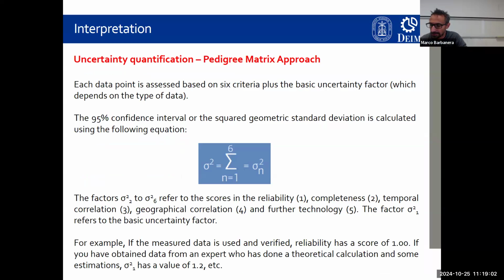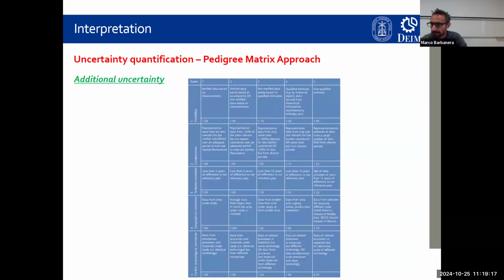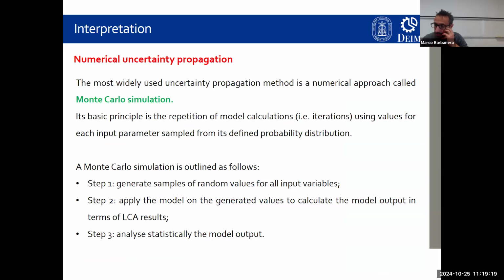The calculation of the total uncertainty associated to our study is carried out by using the software. The CIMAPRO software uses the Monte Carlo simulation approach to calculate the uncertainty of our study.